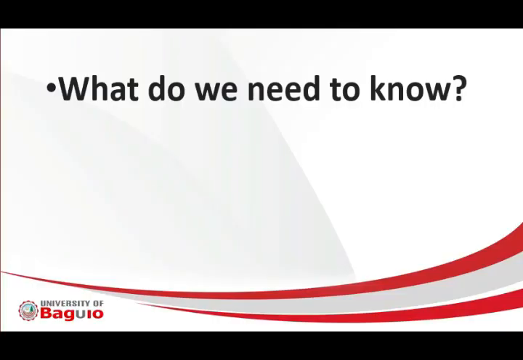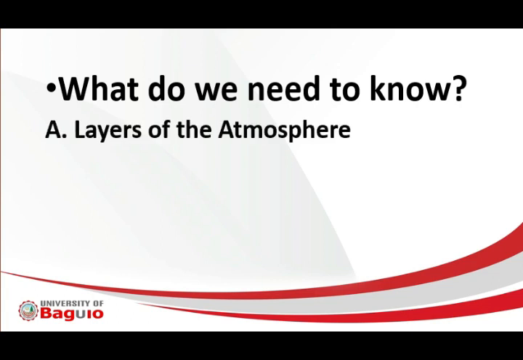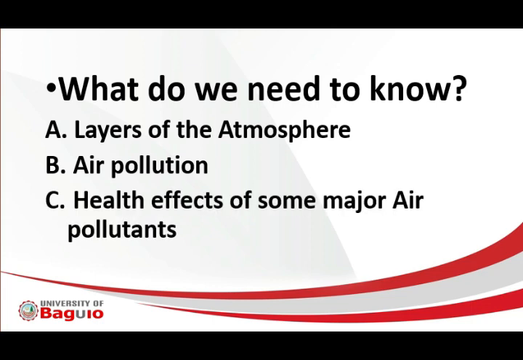What are the things that I'm going to discuss in this lesson? I'm going to present a quick review on the layers of the atmosphere, and also air pollution: what the types or categories are, and also the health effects of some major air pollutants.